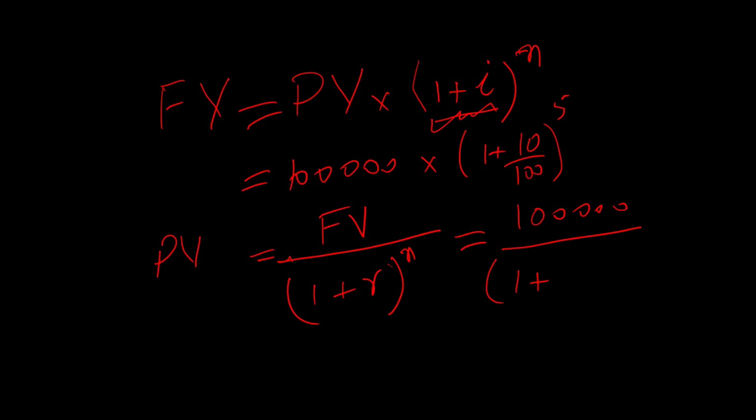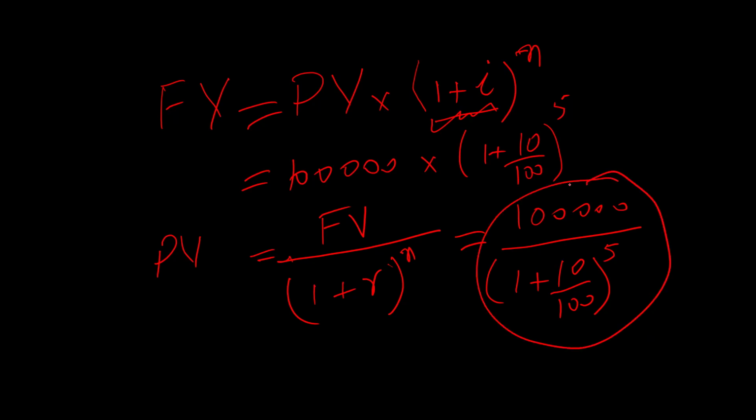They are different. But anyways, I'm assuming it to be 10%. So 10 by 100 raised to the power 5. If you calculate this formula, that will give you the present value. But if you want to calculate the future value, then this is the formula. Got that? You can note it down.